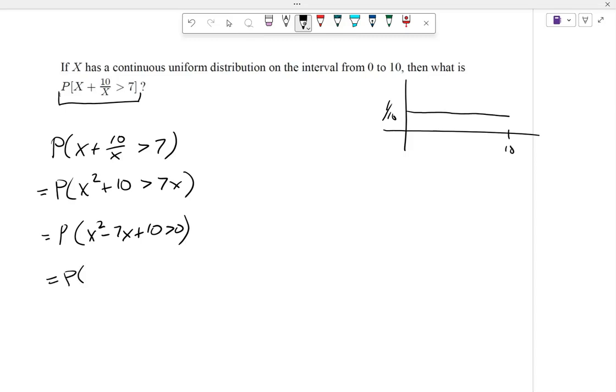Good. I agree. That particular polynomial factors as x minus 2 times x minus 5. And now at this point, we should be able to start to translate this over to the picture. Where is this equal to 0? 2 and 5, right?